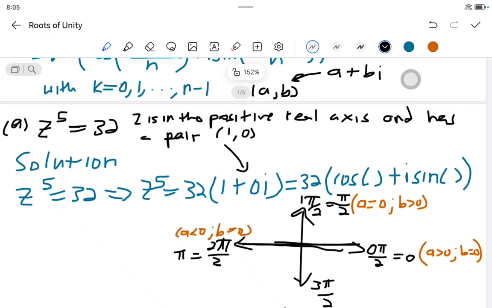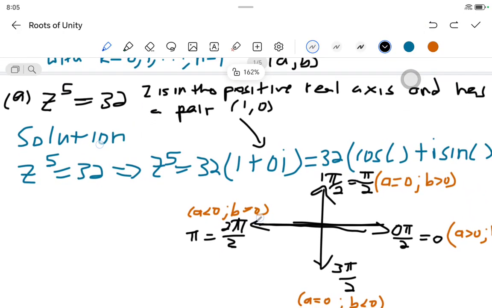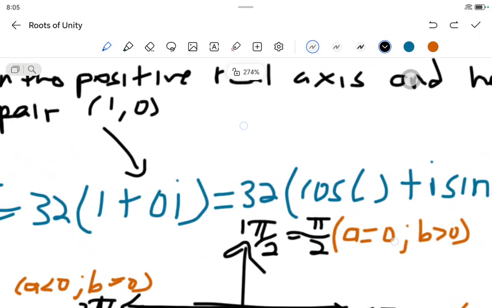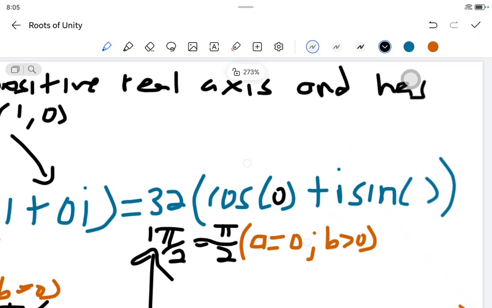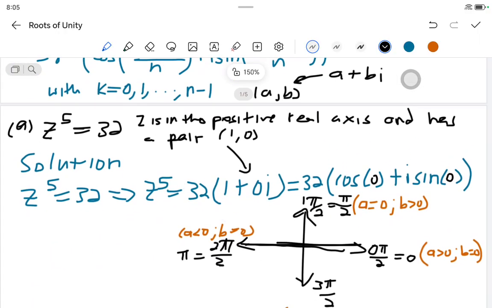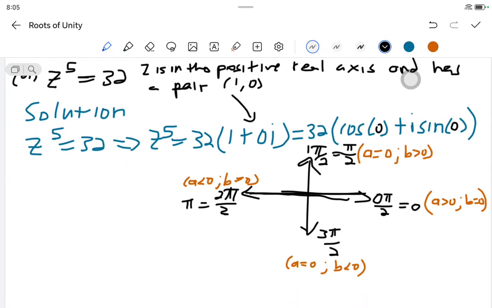So the angle here will be 0. You see right now? So it means that our angle here is going to be 0. So we have written this in polar form.